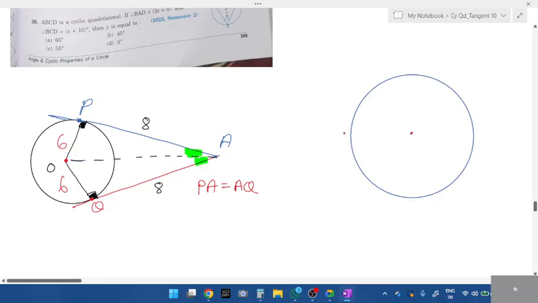Tangent is passing in this direction like this. This is one tangent, two. Both the tangents are equal. P, A, Q, equal. Next, from the center you touch like this.